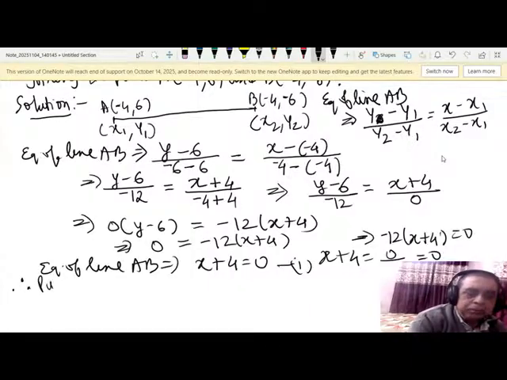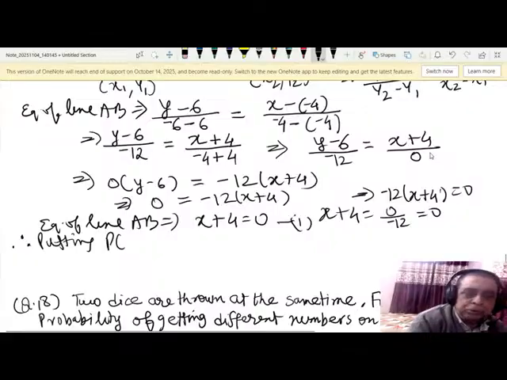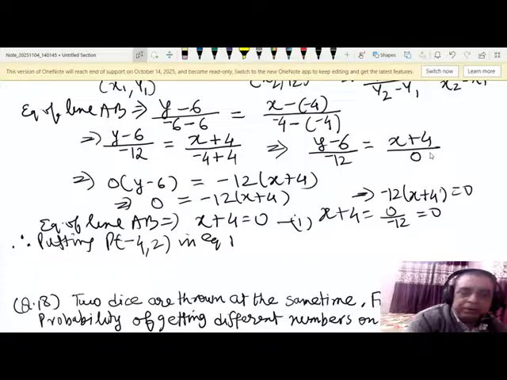Therefore, putting the coordinates of P, what is the coordinate of P? Minus 4, 2. So putting P (minus 4, 2) in equation number 1, which is the equation of the line AB. The left hand side: in place of x you put the x coordinate of P, which is minus 4, plus 4.